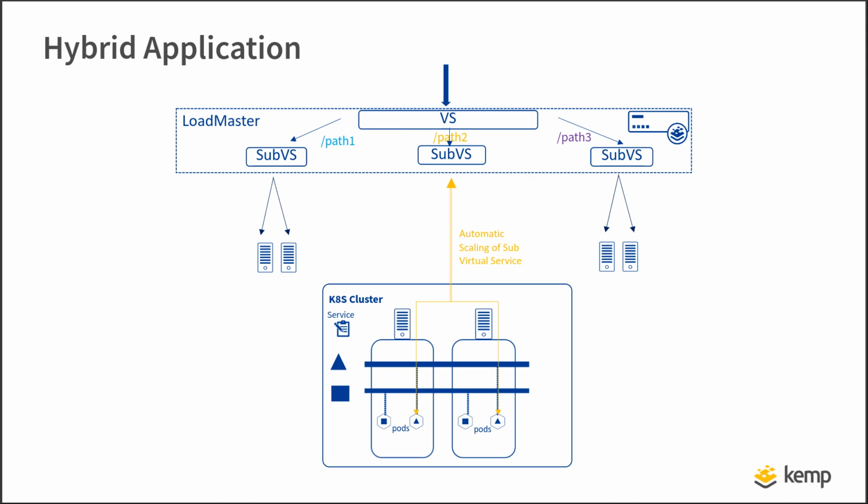But then we can also set up a virtual service that is linked to our Kubernetes configuration. This is a really nice way to manage that migration, and also enables network operations teams to keep control of how traffic enters their network, but doesn't limit them from using Kubernetes and microservices and so on.